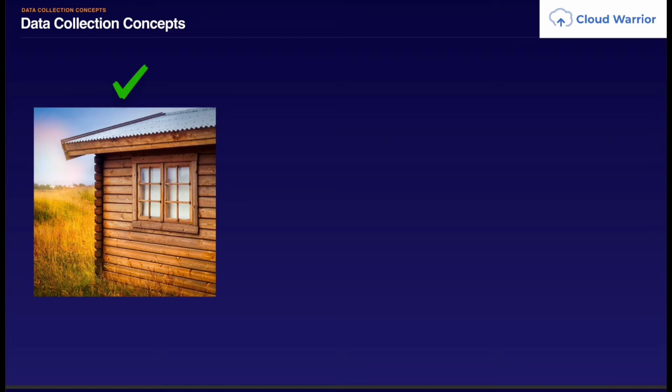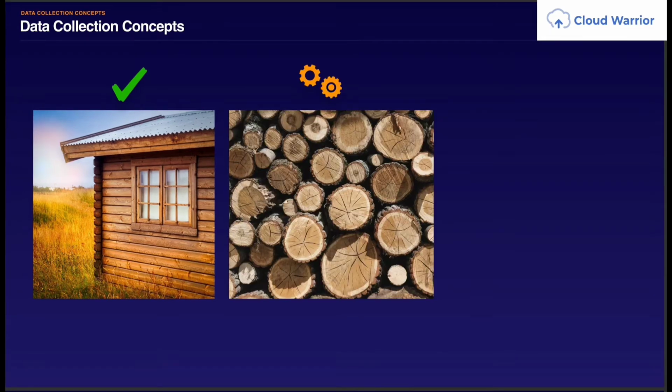So in a perfect world, our data is going to look like this. It's all put together, and neatly it forms this beautiful set. Now, that's in a perfect world, but in reality, our data most of the time looks like this. It's unstructured, it's not prepared, it needs some work, it's in different formats.